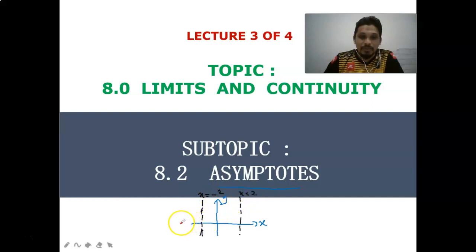So it's something like this one here. It's just getting closer and closer. And also if the graph is approaching 2 from the right side, then it comes out like this, moving up and getting closer and closer to the line. But this graph, the red one, will never touch the line of x equal to 2, the one in black ink.